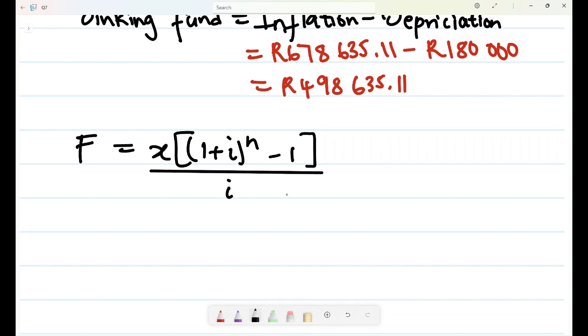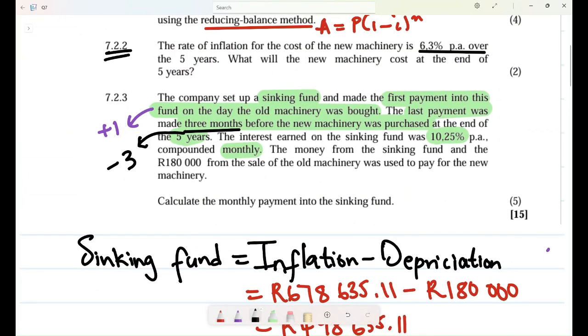But now, remember I said if you end your payments earlier, these three months, you're going to do something about it at the end of your formula.